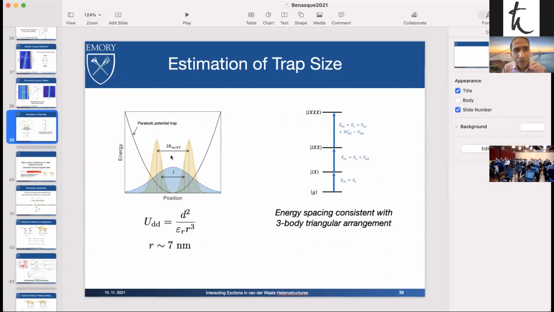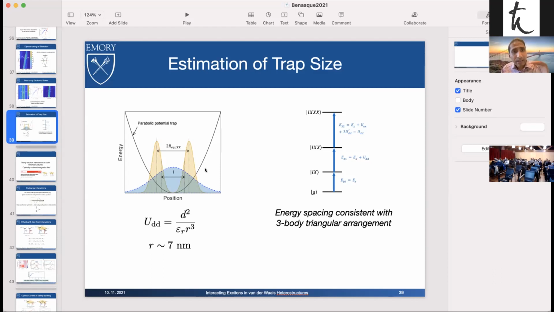Yes. Actually, this is not a crystal just yet. It's just 3 particles, so it's in a trap. If you actually do the analysis for many excitons in a trap, you can get the number. As you know, coming from the ultracold community, what you need to calculate is some kind of a ratio between kinetic and potential energy.